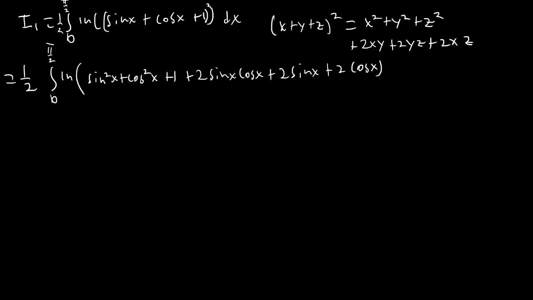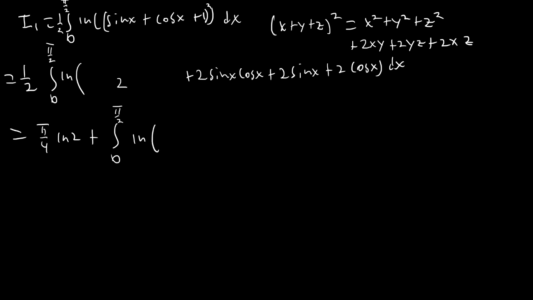And now once we simplify this, we see that this is just equal to 2, right? So we have a 2 in all of these terms, so we can just bring that 2 outside. We're going to bring out ln 2 from all of this, and we're going to get pi over 4 ln 2, plus the integral from 0 to pi over 2 of the natural log of 1 plus sine x plus cosine x plus sine x cosine x.